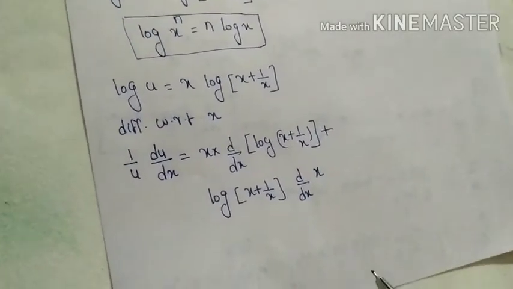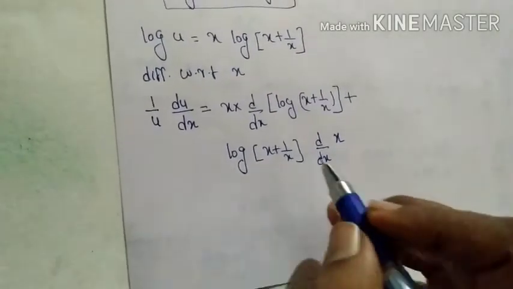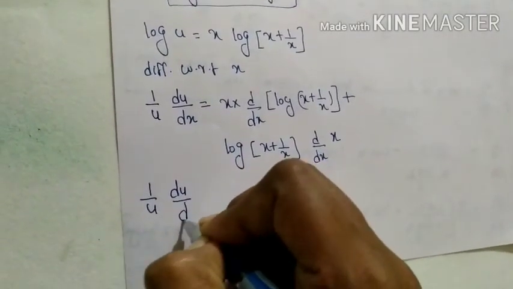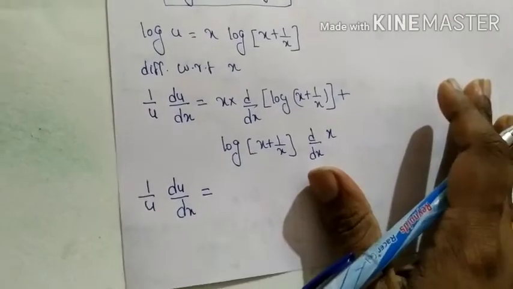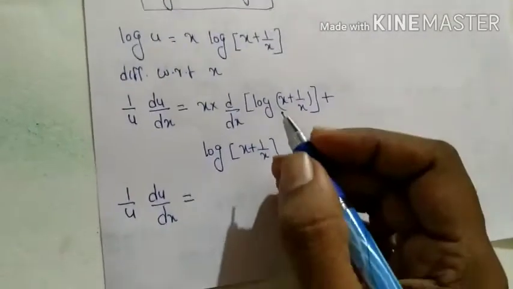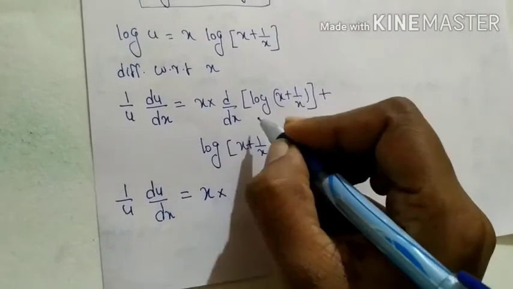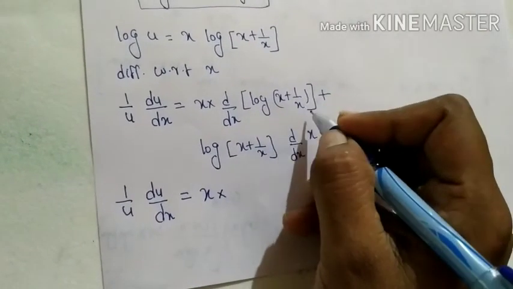Okay. 1 by u into du by dx equal to x into derivative of log of (x plus 1 by x).